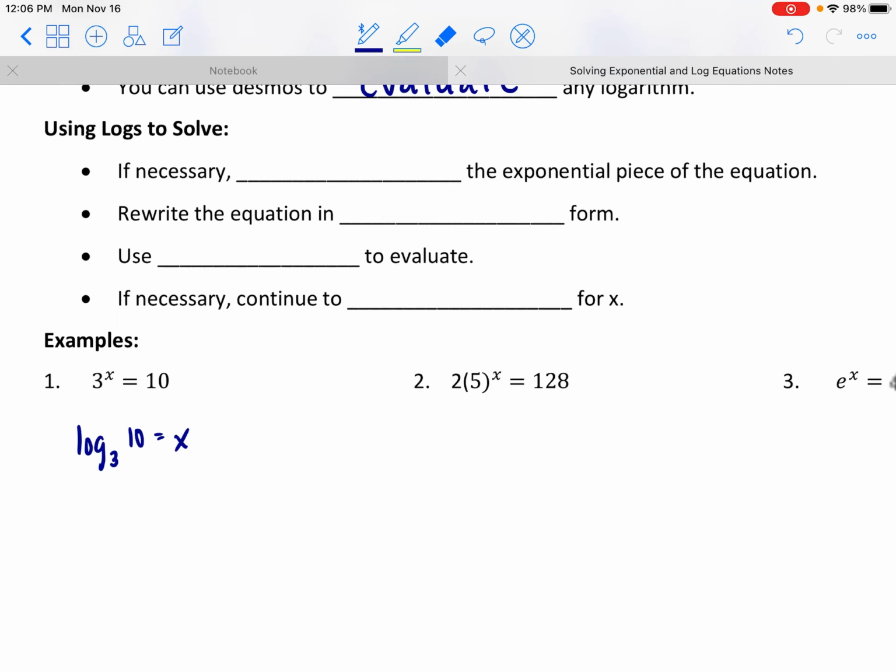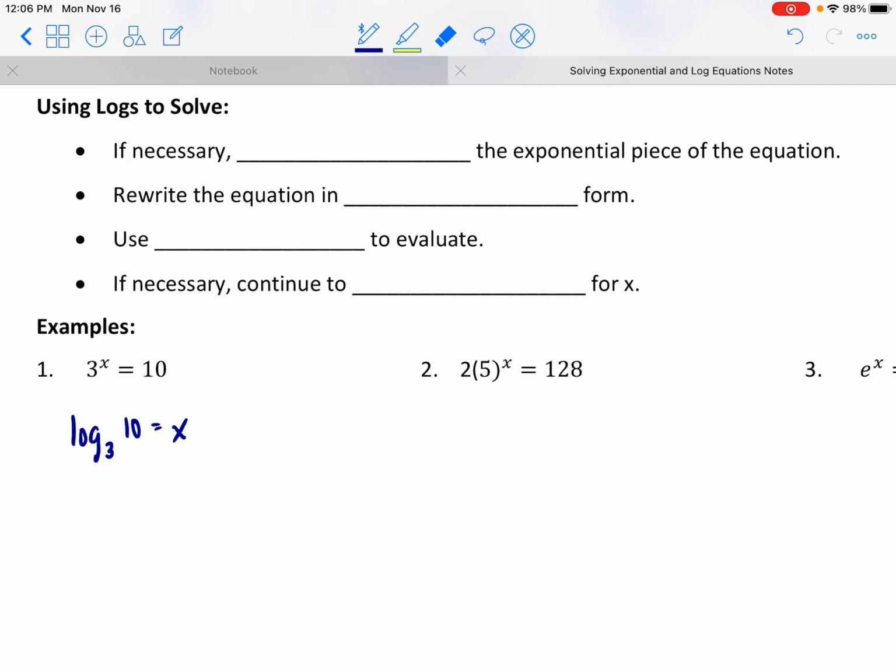So we want to try to rewrite these exponential equations in log form, but it might be necessary to get the exponential piece by itself first. So for example, in number 2, you see how there's 2 times the exponential piece? If I rewrite this in log form, there's no spot for that extra coefficient.